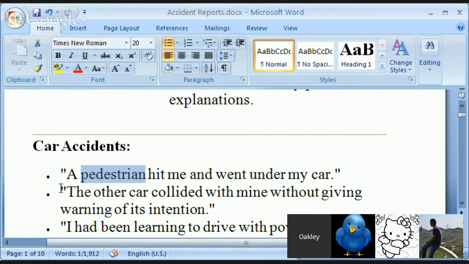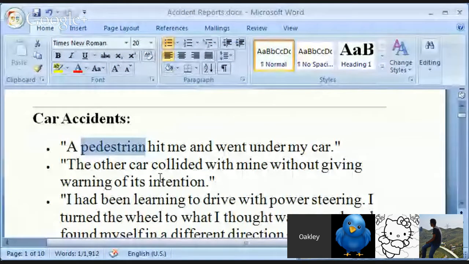Hit is an irregular verb. But run would be ran. So would you say he hit and ran my car, or he hit and run my car? I guess it would be he hit and ran. Okay, interesting. Actually, I never thought about that before.